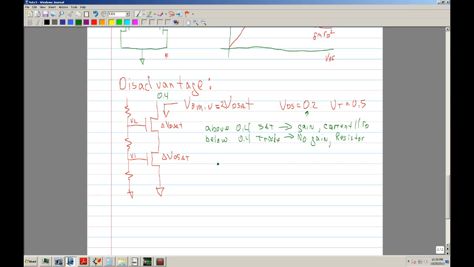One equation that you can use to calculate what the voltage is, instead of adding the voltages and so forth, is VDS equals VGS minus VT, and you can break this up into this equation. You can break the VDS and VGS like so.